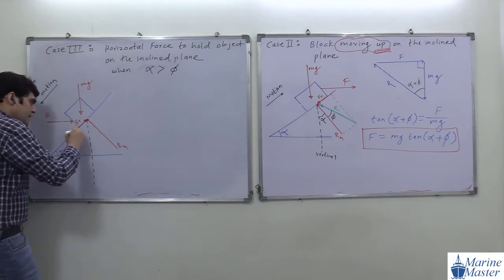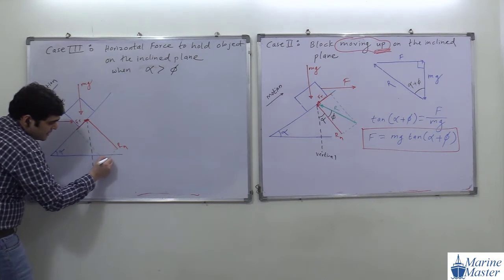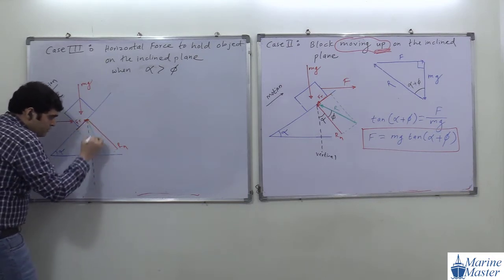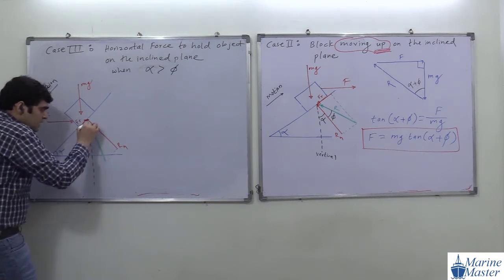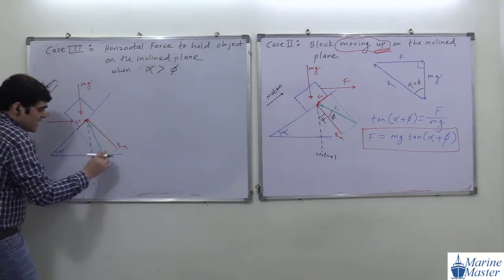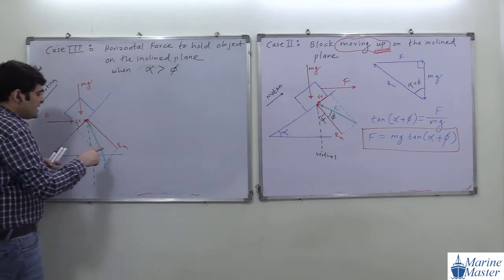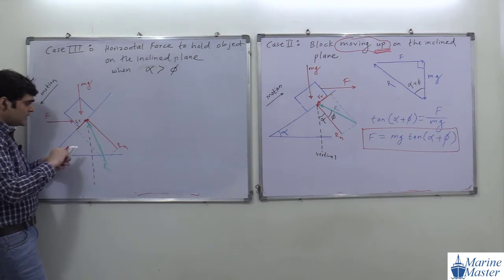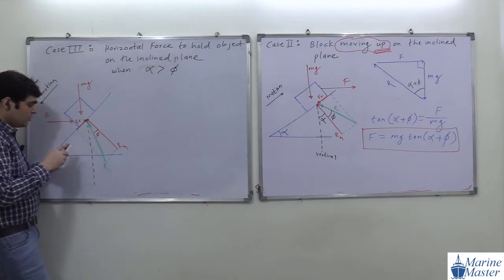I am going to form a rectangle here, and the diagonal of the rectangle will be our resultant reaction. We denote this resultant reaction by R. Now what is the angle between Rn and R? The angle between Rn and R is phi.